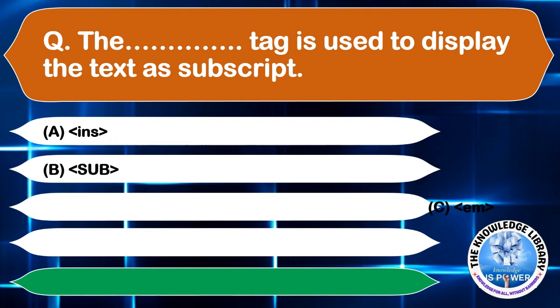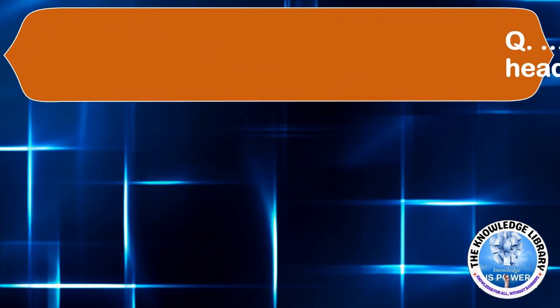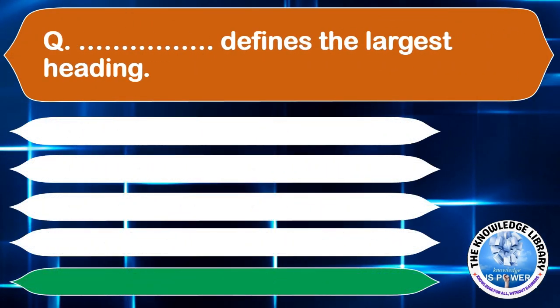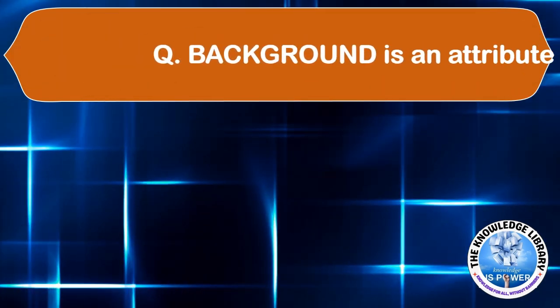Option A, insert, option B, sub, option C, M, option D, strong. The correct answer is option B, sub. The next question is, dash defines the largest heading. Option A, H1 tag, option B, H2 tag, option C, H3 tag, option D, H4 tag. The correct answer is option A, H1 tag.